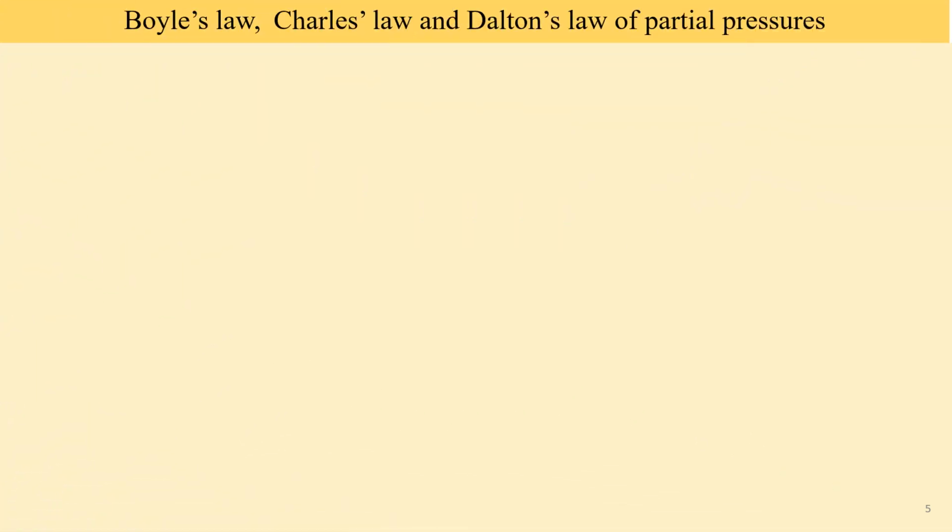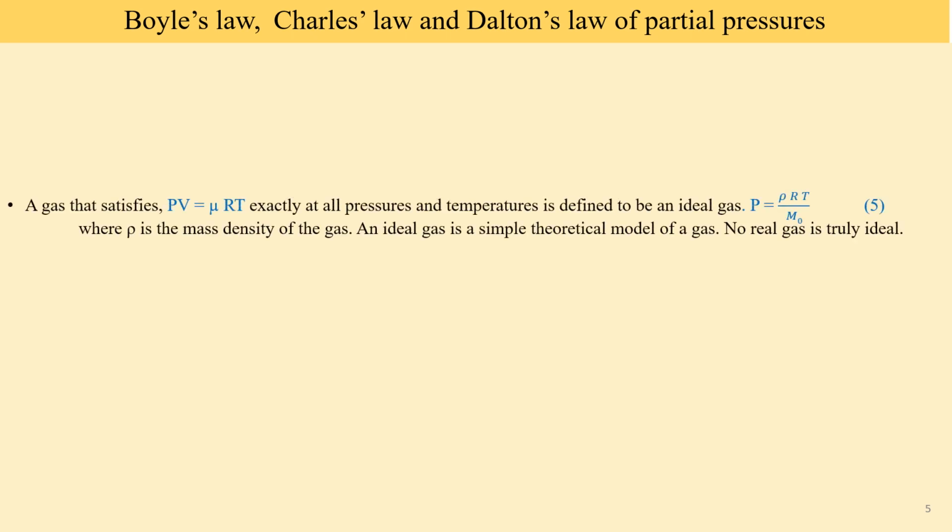Let's analyze Boyle's law, Charles' law, and Dalton's law of partial pressures using the ideal gas relationship. A gas that satisfies the relationship PV is equal to mu into RT, where P, V and T are pressure, volume and temperature, R is a constant and mu is the number of moles.